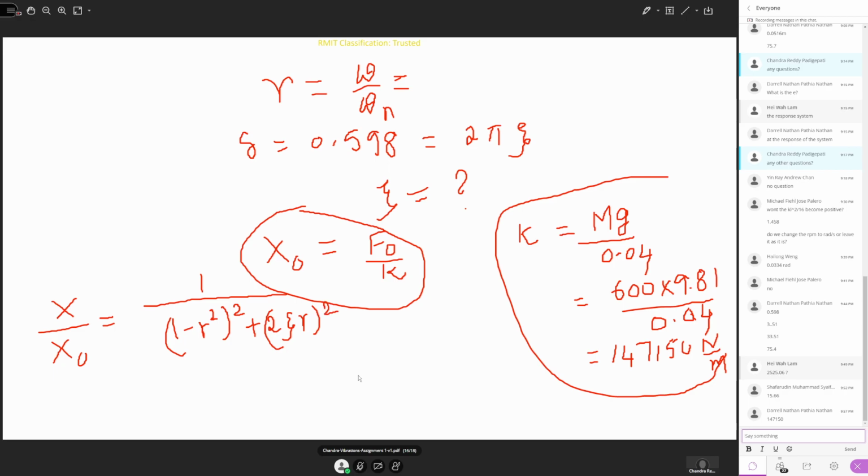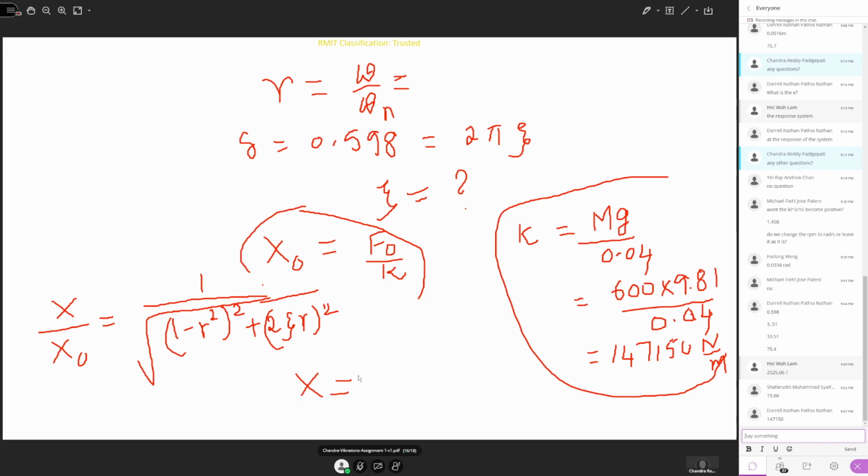Okay, so this is the magnification factor. So you know everything here except capital X. So calculate the amplitude of the vibration.